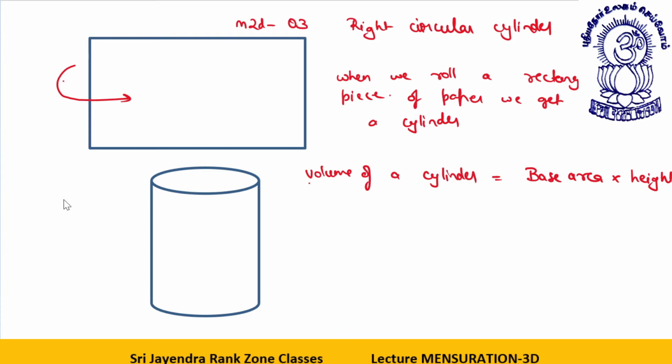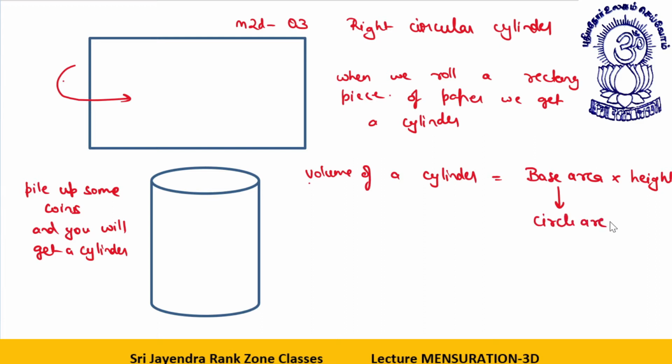One more way of getting a cylinder is to pile up some coins, and you will get a cylinder. So what will be the base area? Circle. Circle area into height will give you a cylinder. A circle piled one over another gives you a cylinder.